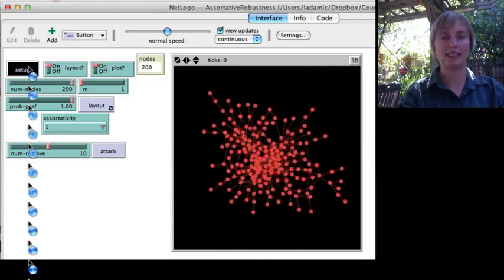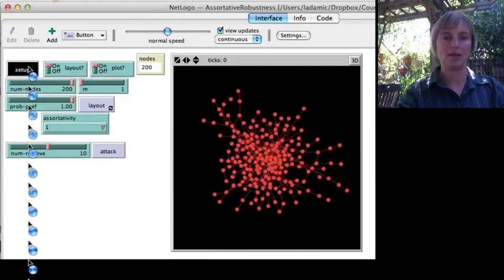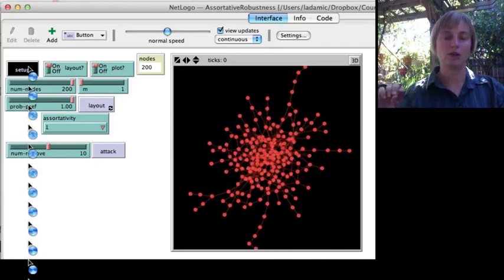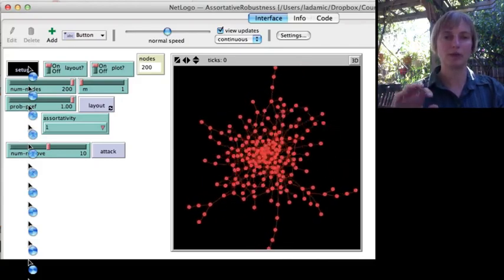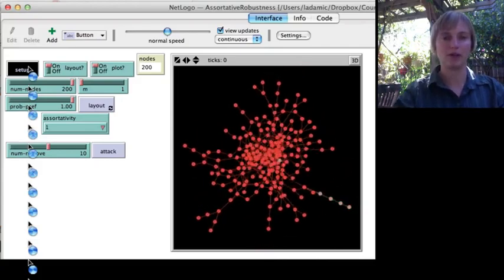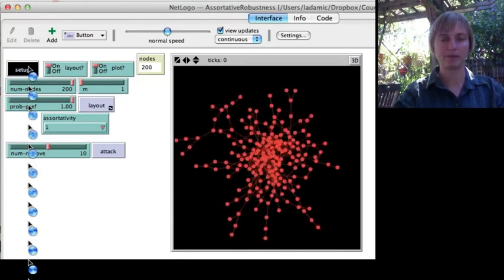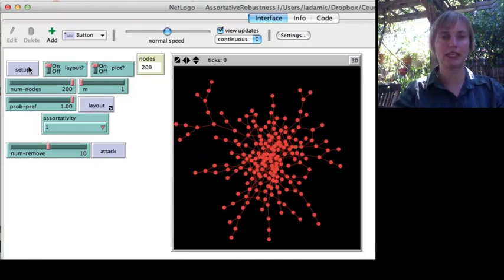And you should see the high degree nodes clumping together and the low degree nodes being pushed out to the periphery. Hopefully it will finish rewiring soon. But definitely you see this dense central core. Now we're going to attack, and we can observe what happens. And here the red nodes are in the giant component.